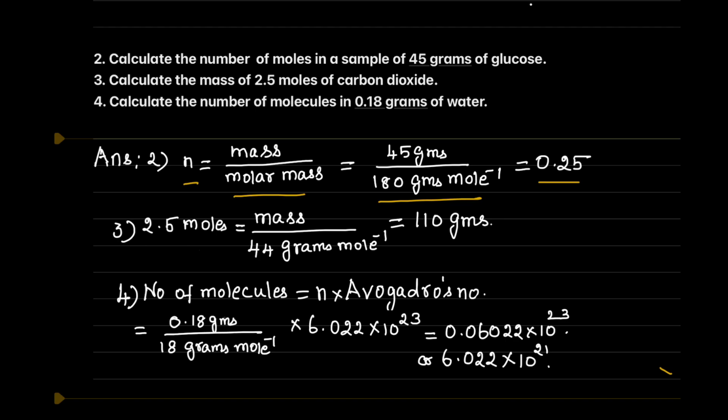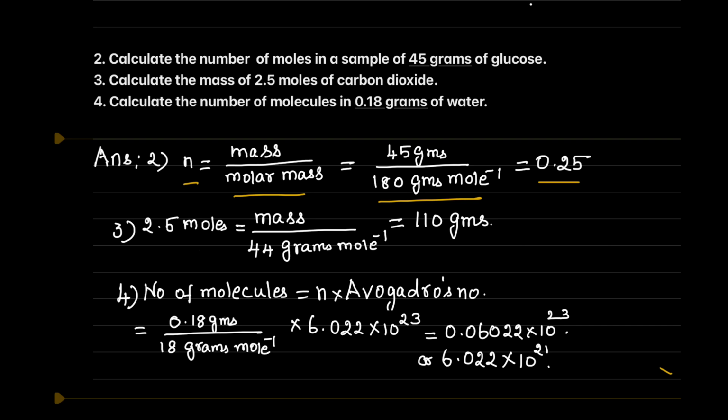Question number 3. Calculate the mass of 2.5 moles of carbon dioxide. In the previous problem, the molar mass and the mass of the sample were known and n, the number of moles, was to be calculated. Whereas here, the molar mass and the number of moles are known and the mass of the given sample is to be calculated. The same formula is to be used.